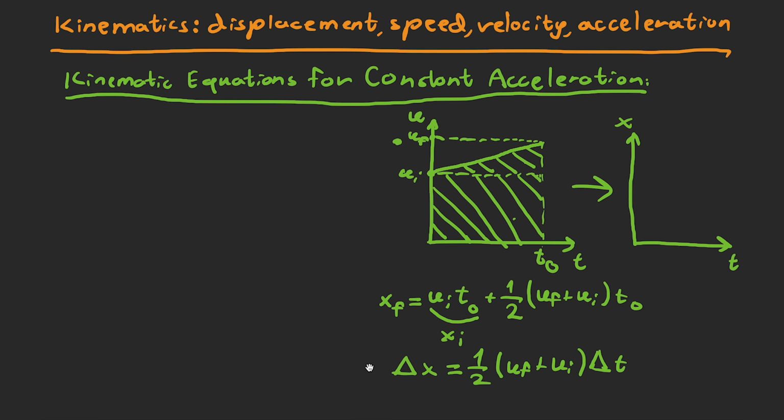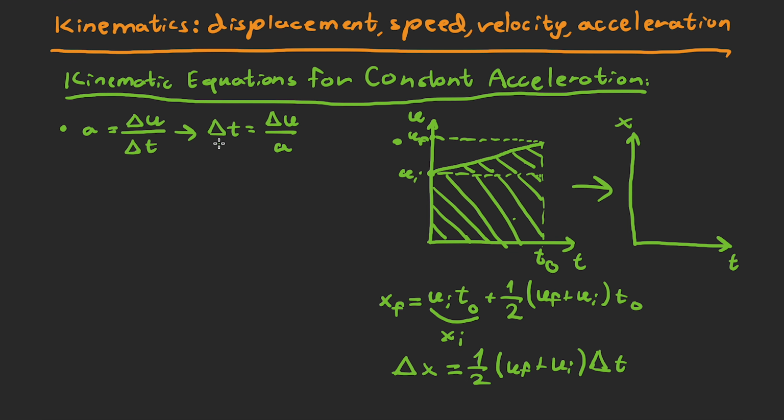Now, our final equation is useful in some cases because you don't have to calculate the time beforehand. The equation doesn't involve the quantity of time. And to get that, we need to do something like this. So we know that the acceleration is equal to change in velocity over change in time, right? And this means change in time is equal to change in velocity divided by acceleration.